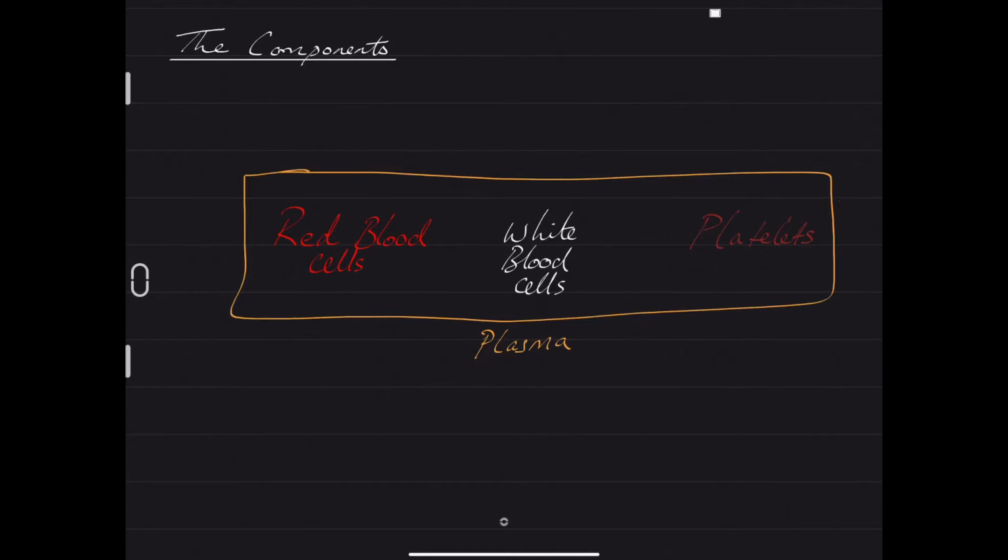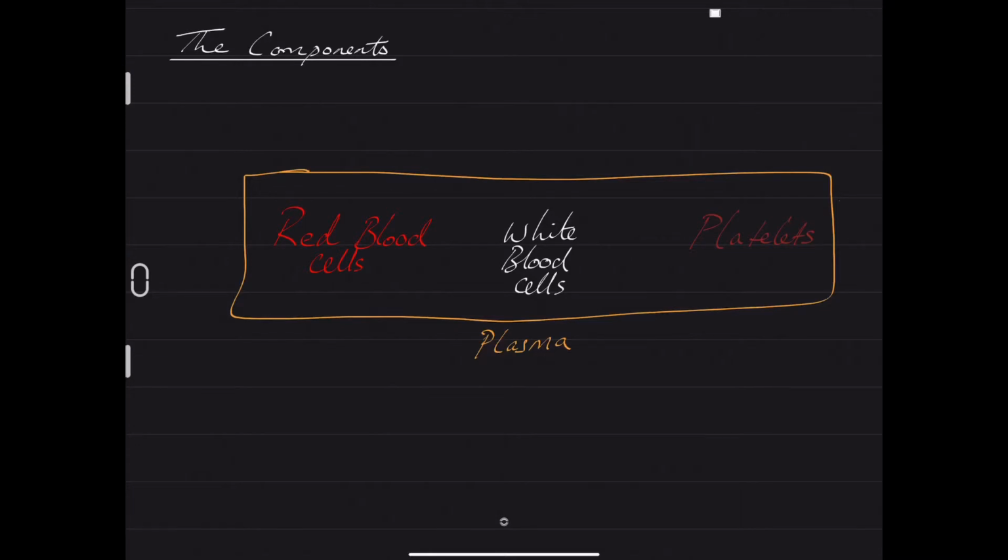These substances include glucose, which is a nutrient, and another type of substance would be urea, which is a waste product. So plasma is carrying other substances in addition to the red blood cells, white blood cells, and platelets. And it's a yellow-colored liquid. And for this reason, blood is considered a tissue.